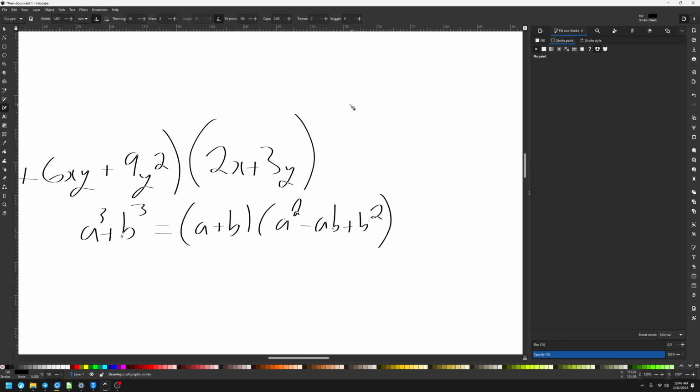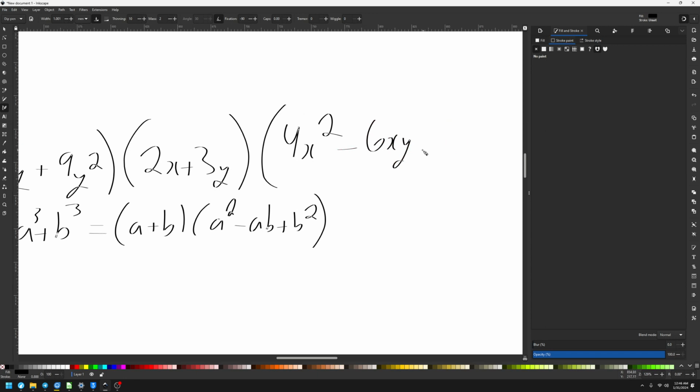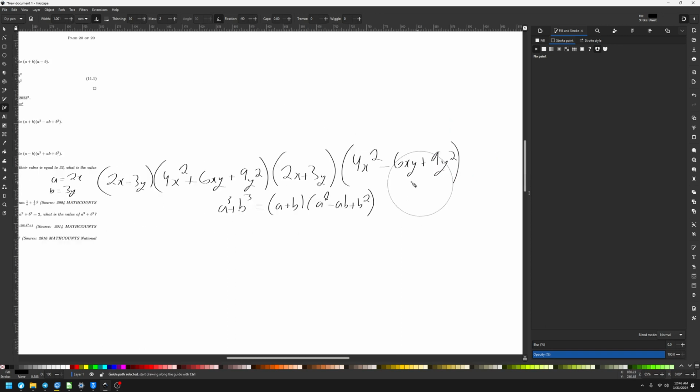Okay, continuing, a squared, which is 2x squared, so 4x squared minus their product, which is minus 6xy, and we're going to square 3y, so plus 9y squared. And this is our final answer.